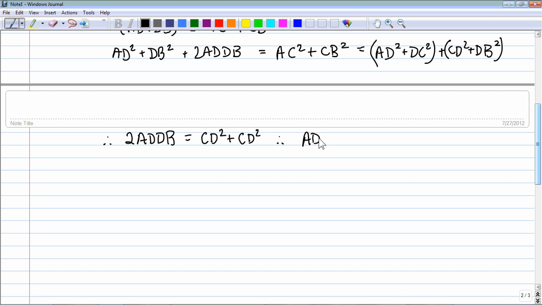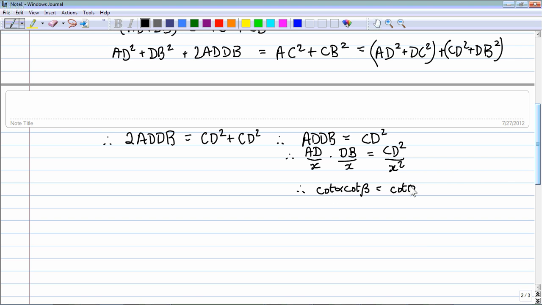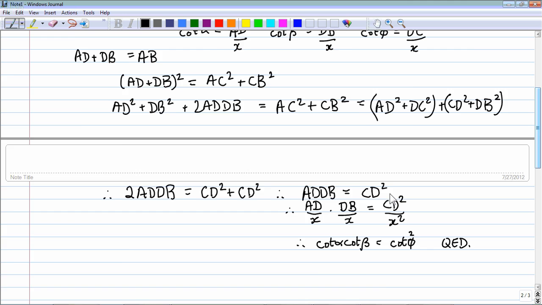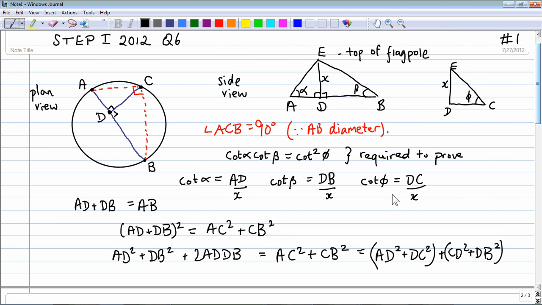Therefore AD DB equals CD squared. Therefore AD over x, going back to the cotangents, times DB over x equals CD squared over x squared. Therefore cot alpha cot beta equals cot phi squared, which was required to be proved. So, you know, don't be intimidated here by the fact there's 3 dimensions.